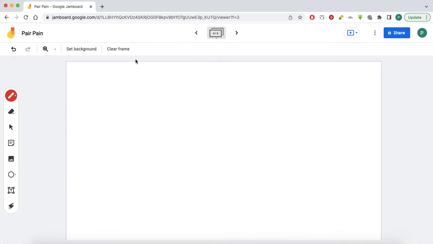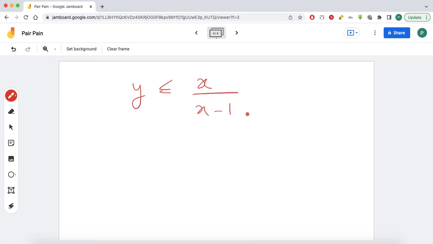Okay, so one more thing we need to observe here is that y less than equal to x over x minus 1. So this term basically means what?